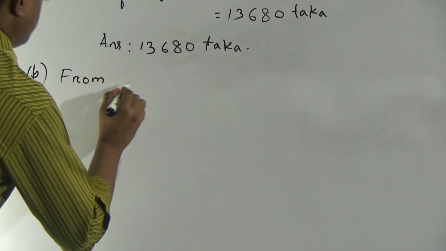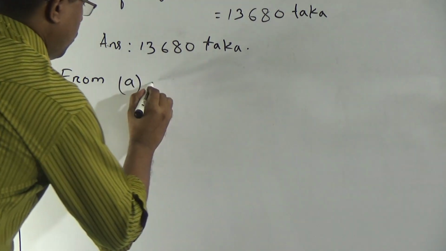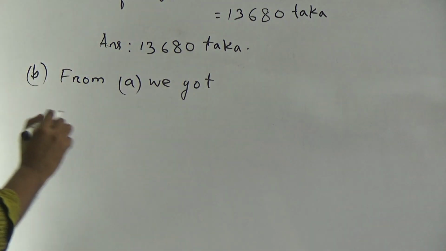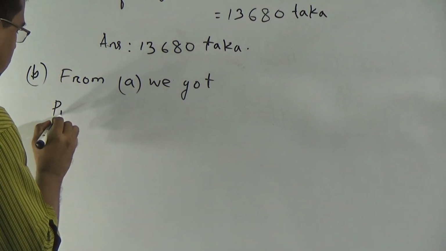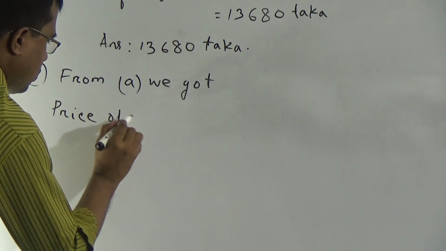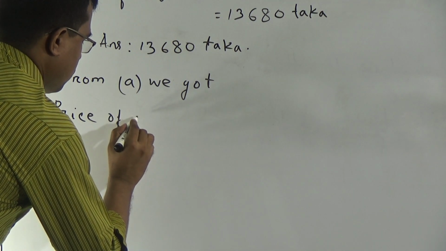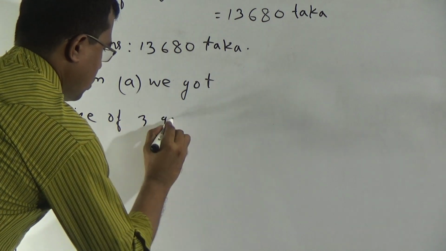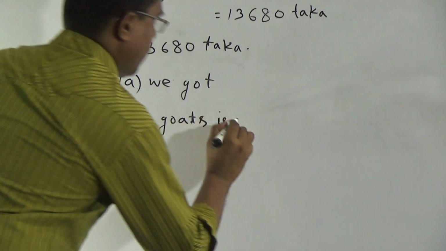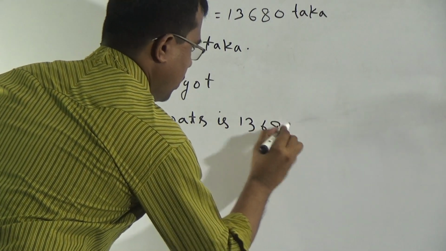From A, we got the price of 3 goats is 13,680 taka.